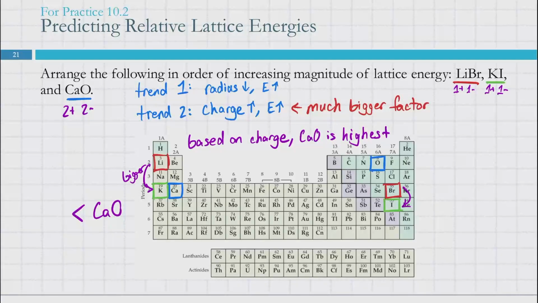Right, and so for our green one, potassium and iodine, those are both lower, so those are both bigger.